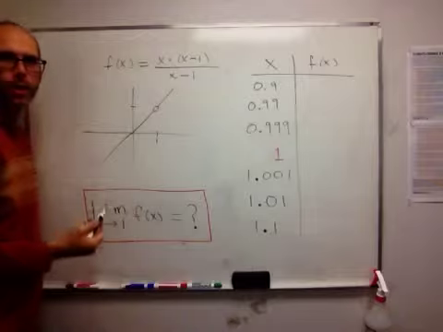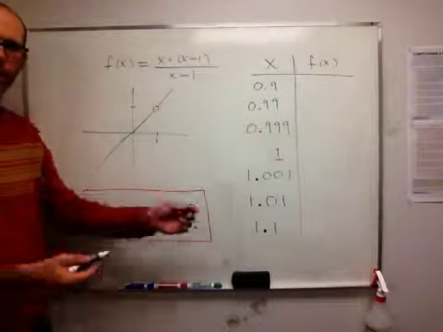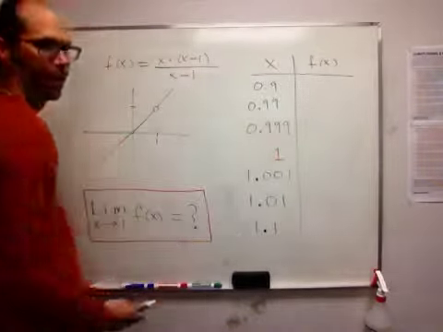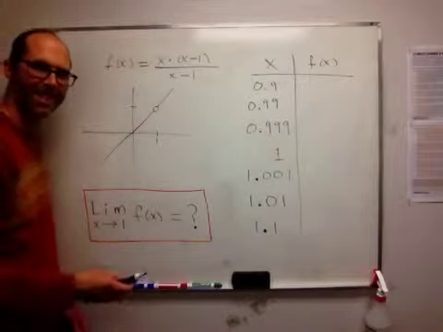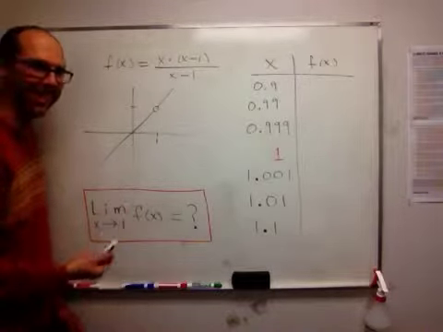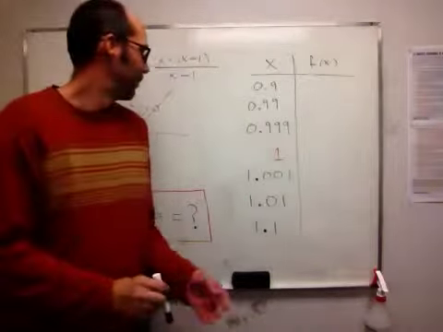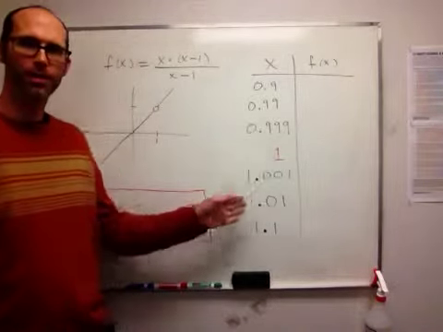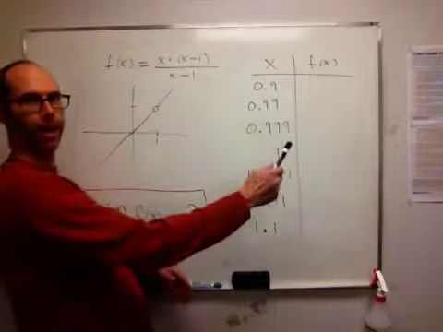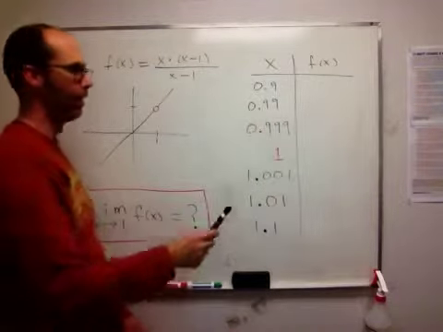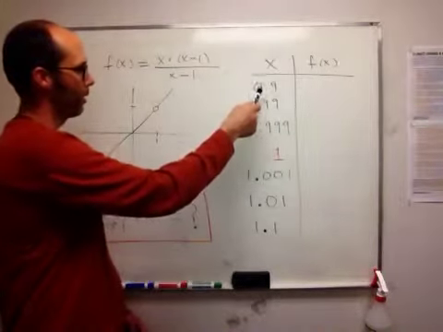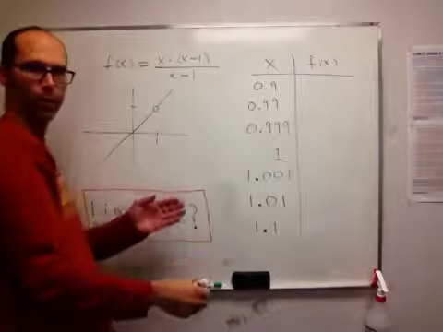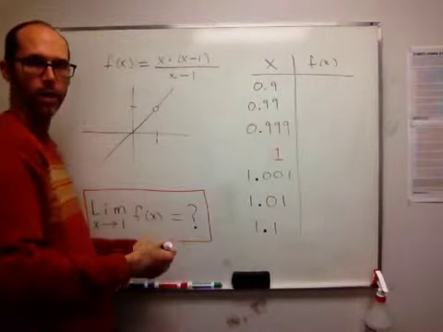Okay, so now over here on the right-hand side of the board, we look at function values as x gets closer and closer to 1 from below.